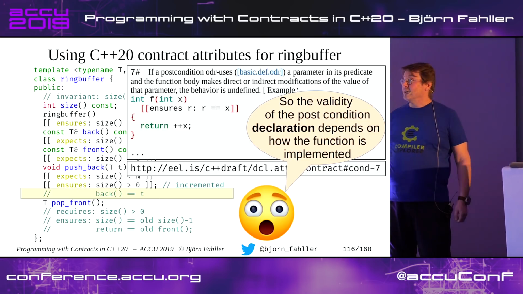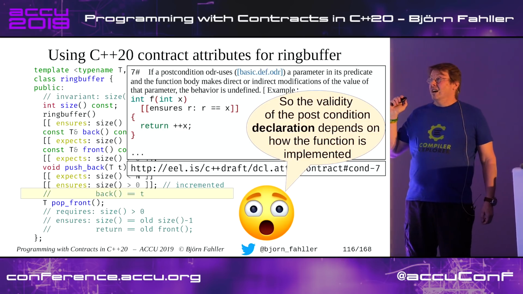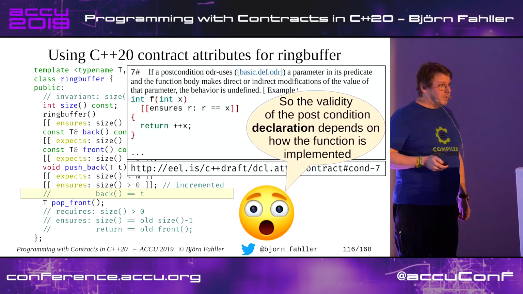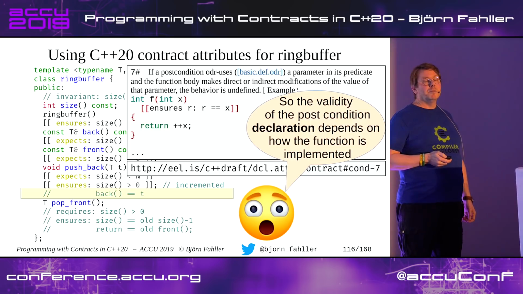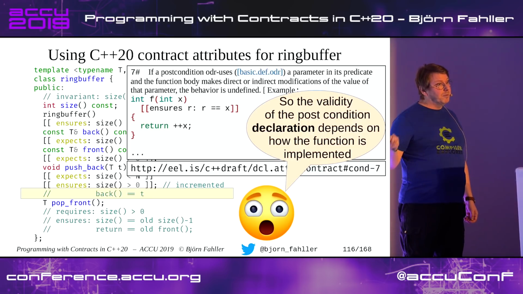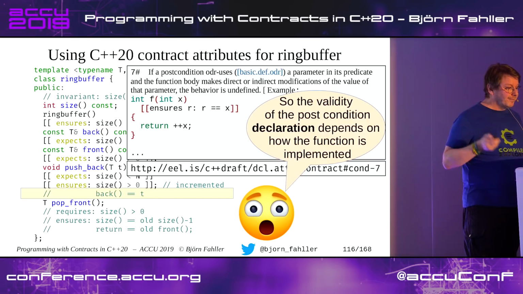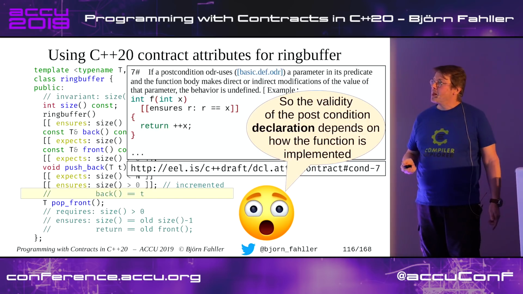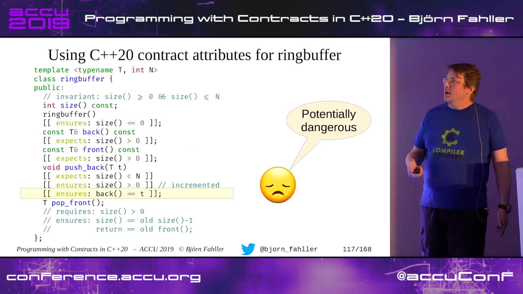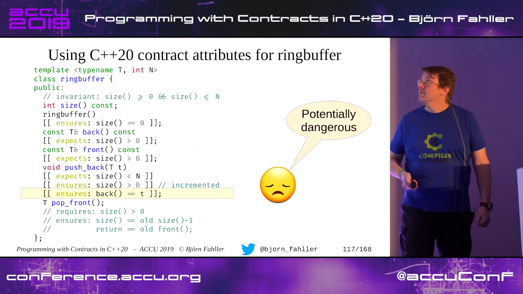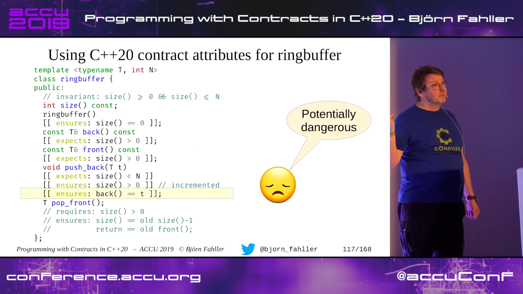So I can understand it, but I sincerely hope that compiler writers will make use of their liberty to add warnings, and we do compile with warnings as errors, don't we? This one, I have issues with this one. So we can say this, but it's dangerous.